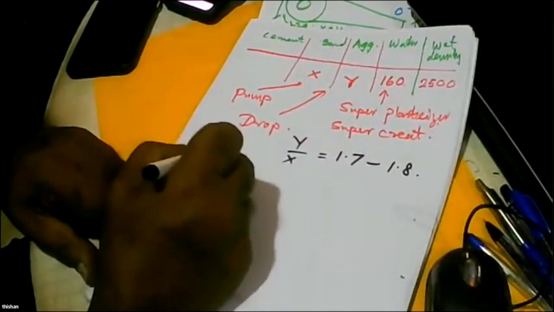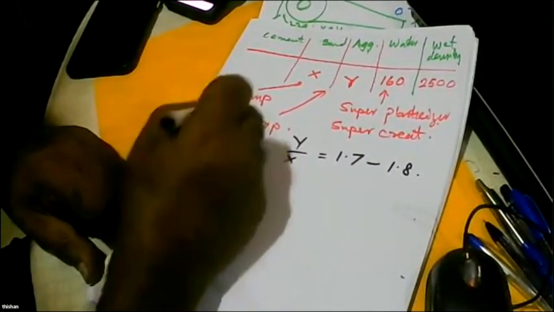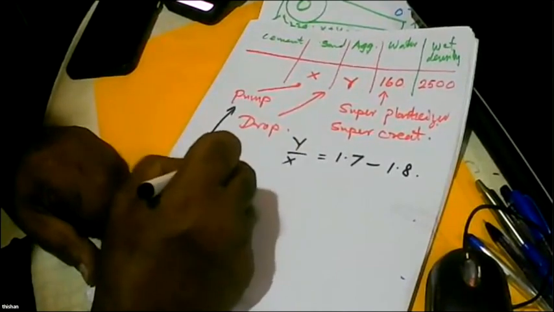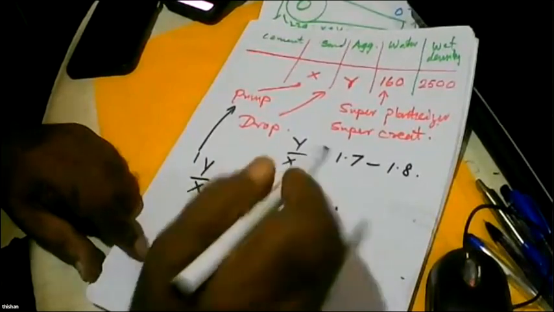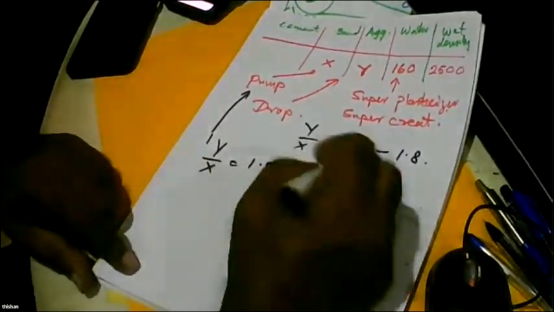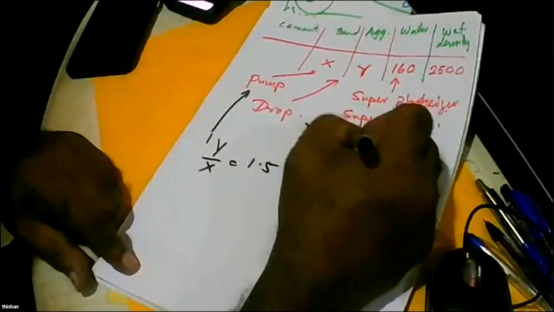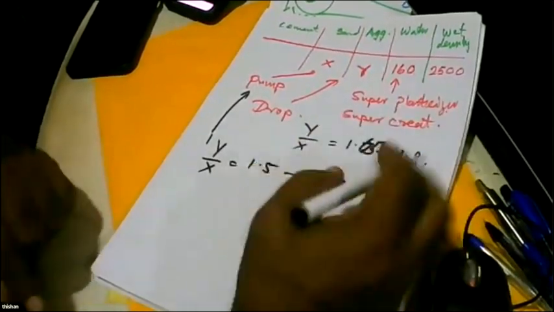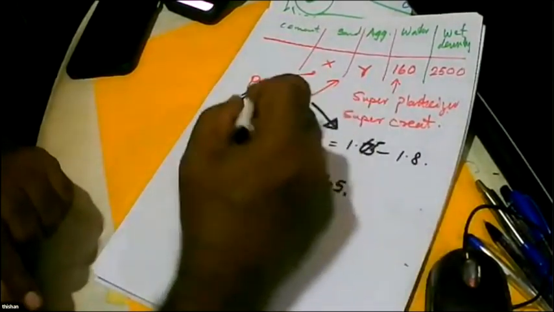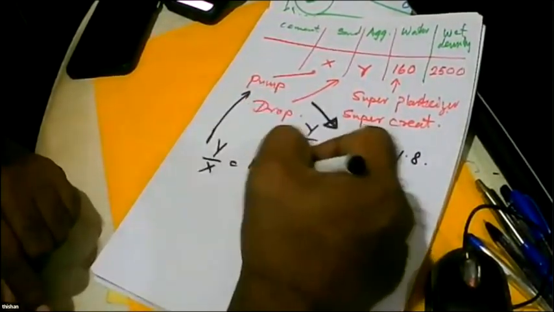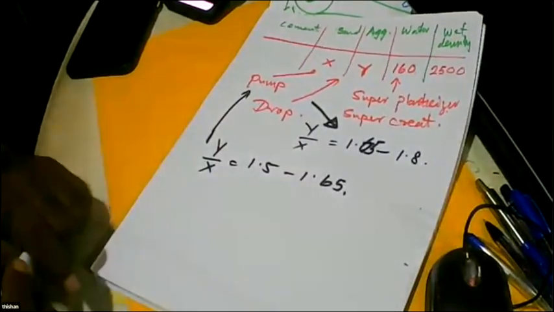If I am pumping, Y over X is 1.5 to 1.6. I'll say 1.65 to 1.8 is dropping. 1.5 to 1.65 is pumping.